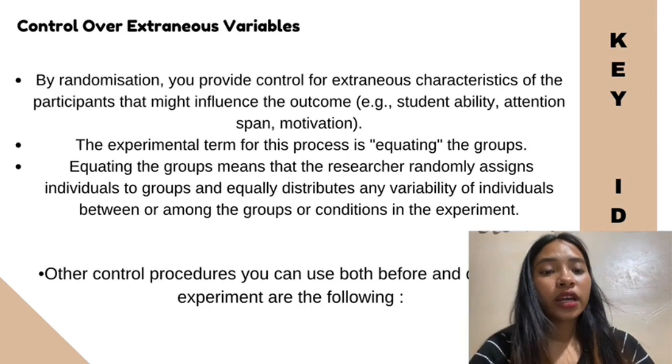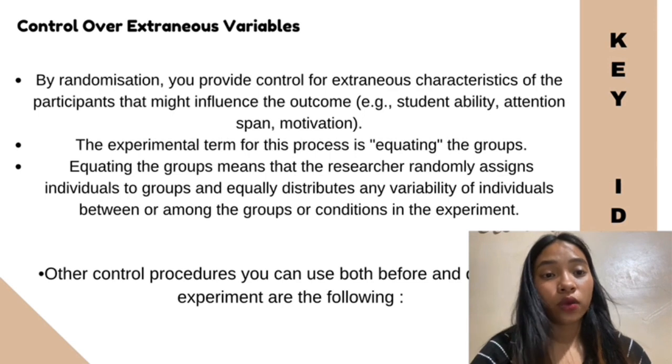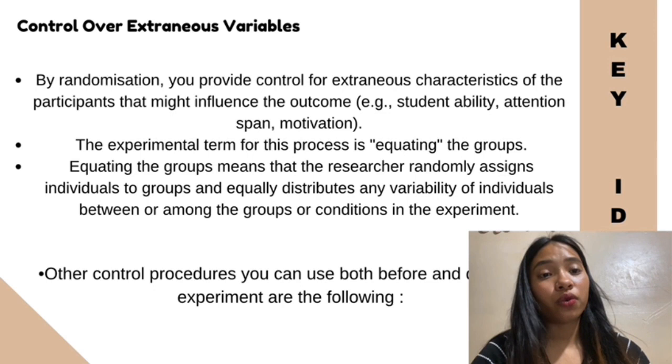Control over extraneous variables is by randomization: you provide control over the extraneous characteristics of the participants that can influence the outcome, for example their attention span, their motivations, and their ability. Under this, we have the term equating the groups. Equating the groups means the researcher randomly assigns individuals to a group.